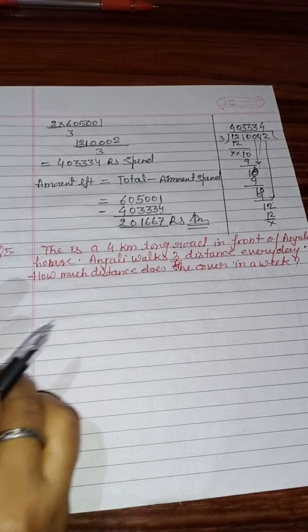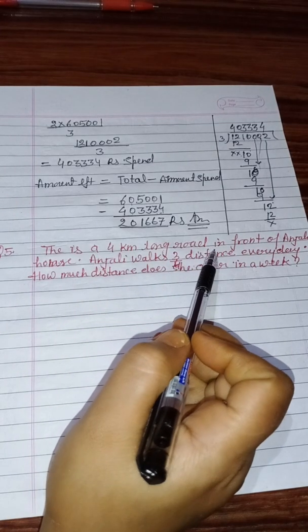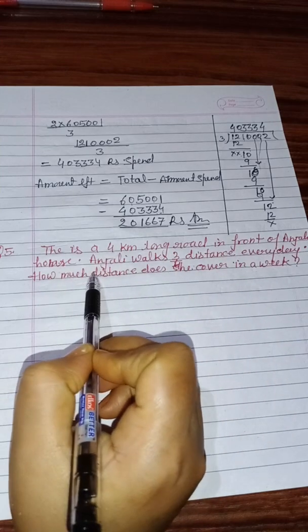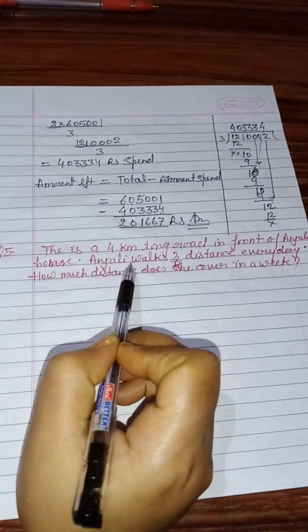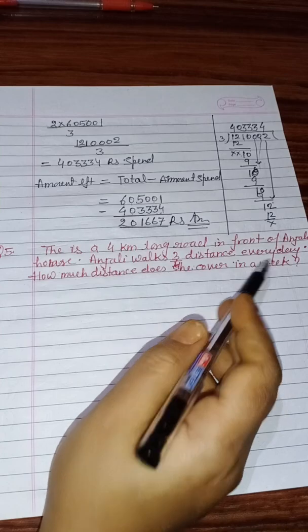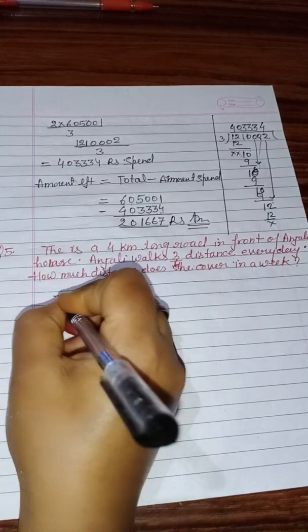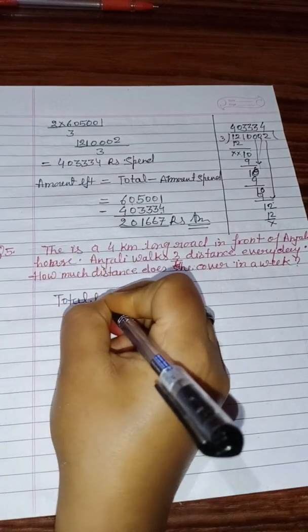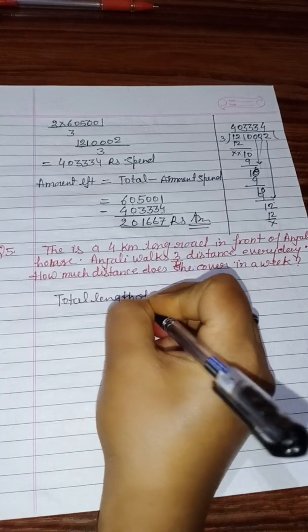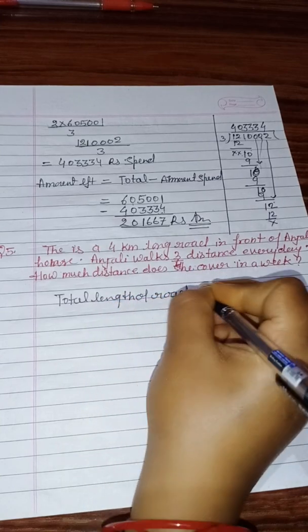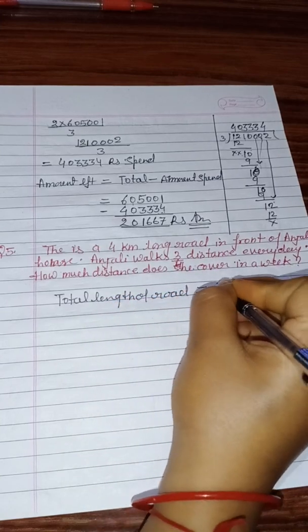Now see that beta, there is a 4 kilometer long road in front of Anjali's house. How many kilometer? 4 kilometer. Anjali walks 3/4 distance every day. Total length of road is equal to how much? 4 kilometer.